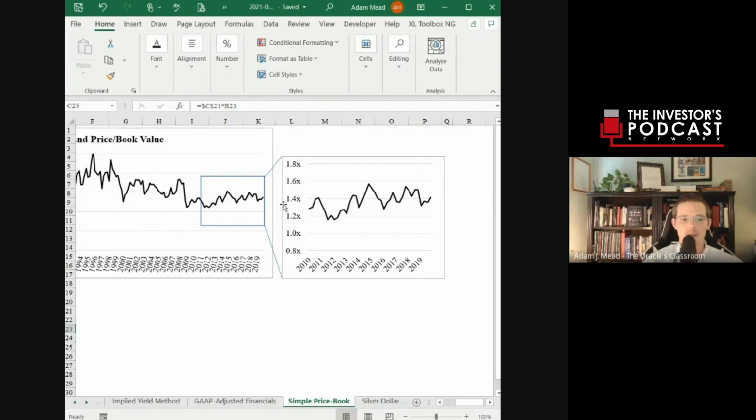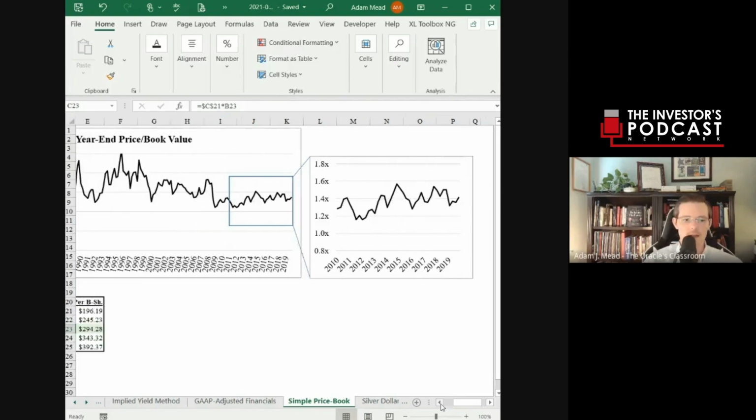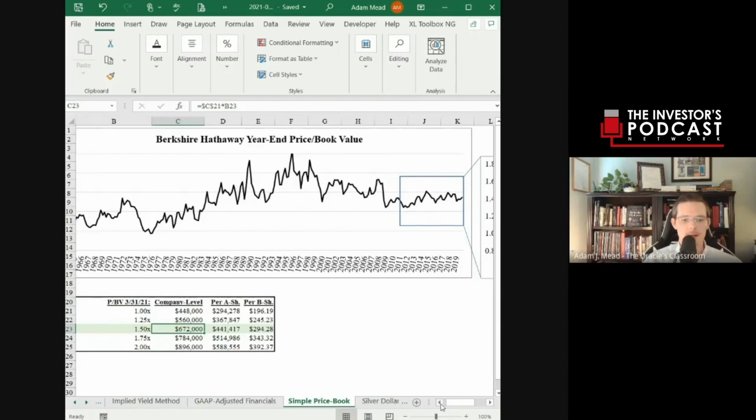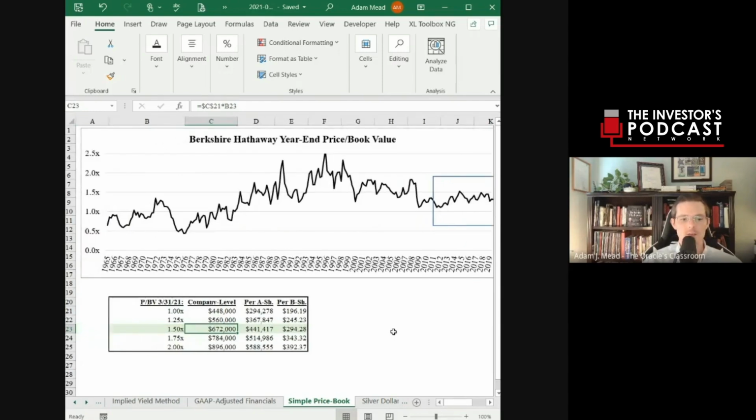1.4, 1.5, that's generally where it's traded. It's been pretty consistent over the last five-ish years, with the exception of the market gyrations in early 2020. But this really should be used as a check, and you may use this.